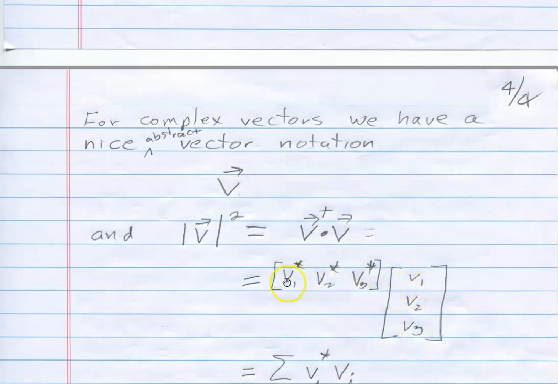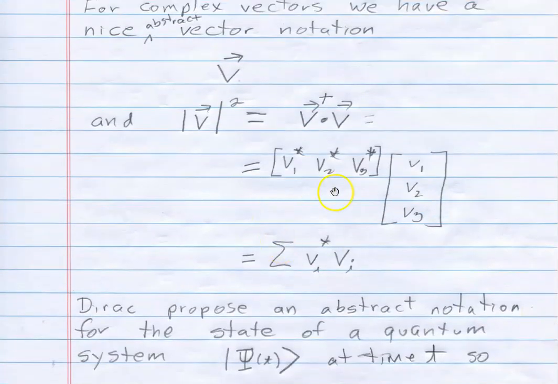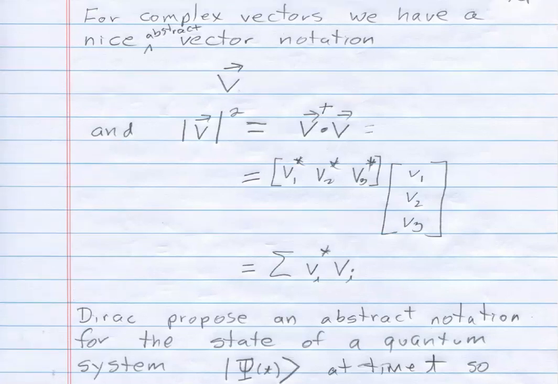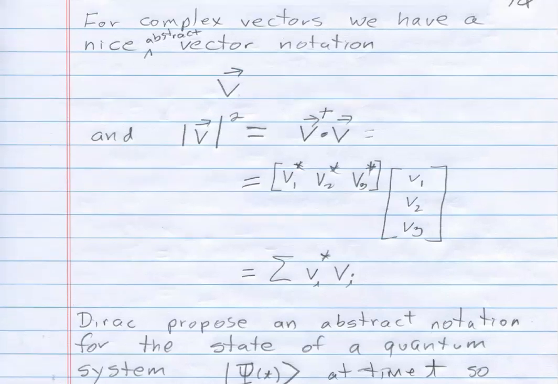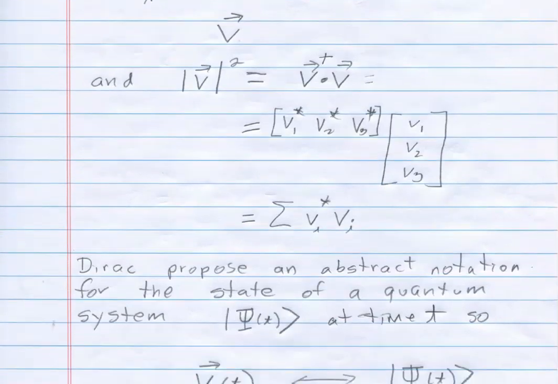I take v1, v2, v3 complex conjugate and then take the transpose of it to get this quantity here. And then if you multiply those together, you see that you get that previous expression using the row times a column to add them up. So just standard matrix multiplication. So there are a lot of analogies between these matrices, these row and column matrices, and this wave function.